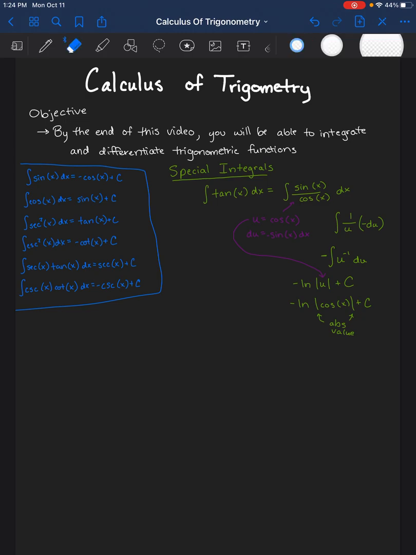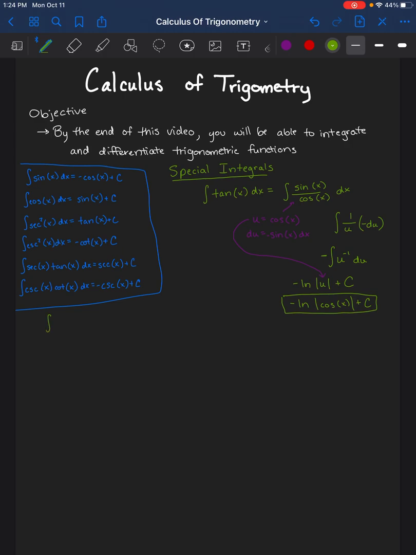The reason this is important here is because cosine is not always positive. It has some parts that are positive and some parts that are negative. So again, remember to include that little tidbit of information because that is vital in making sure that this function has all of the values it's supposed to have.